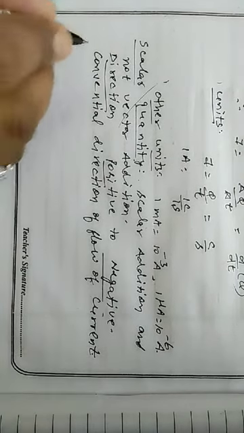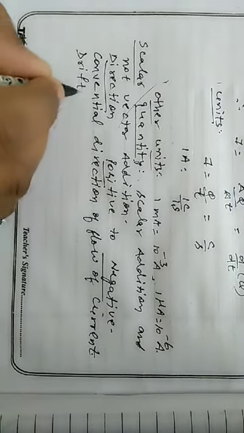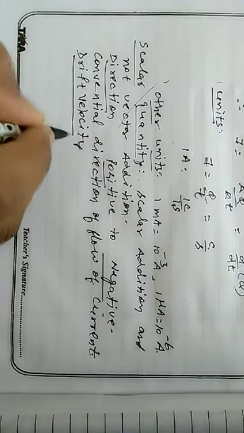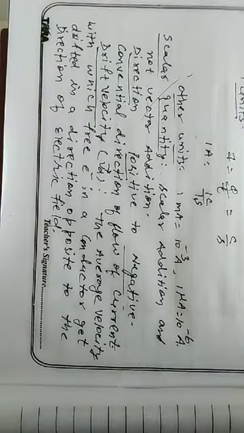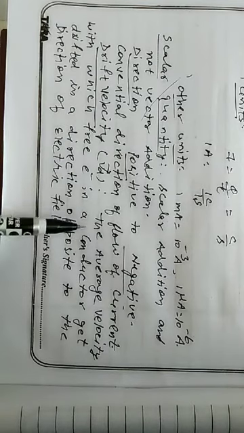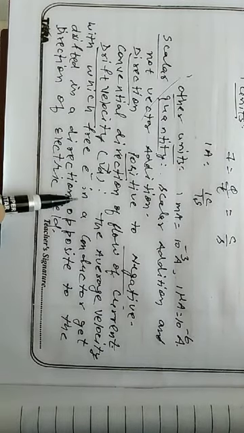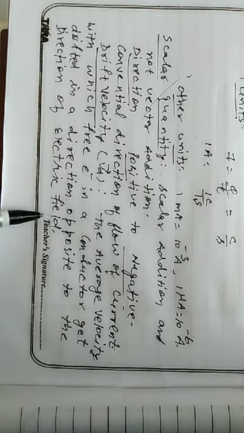Next topic is drift velocity. It is defined as the average velocity with which free electrons in a conductor get drifted in a direction opposite to the direction of the applied electric field.